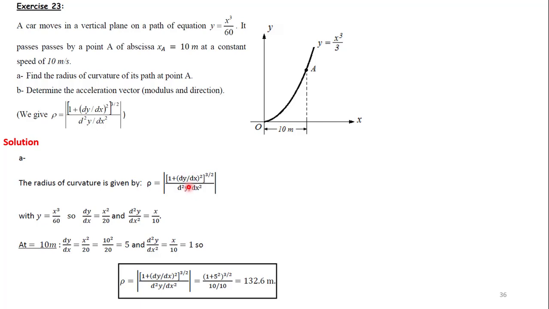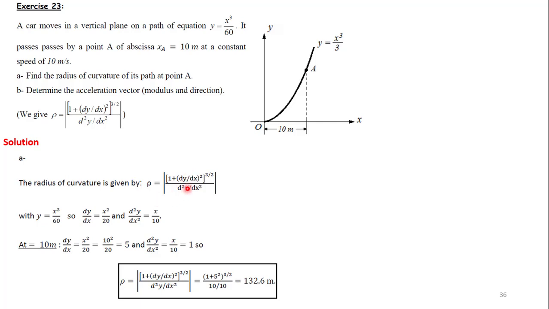We need first to find dy over dx. We have y equals x to the power 3 over 60, so dy over dx is equal to 3x squared over 60, and this simplifies to x squared over 20. This term will be used in the numerator.